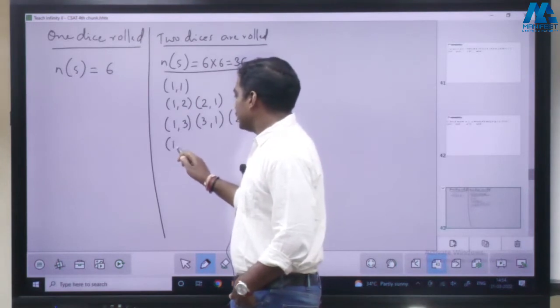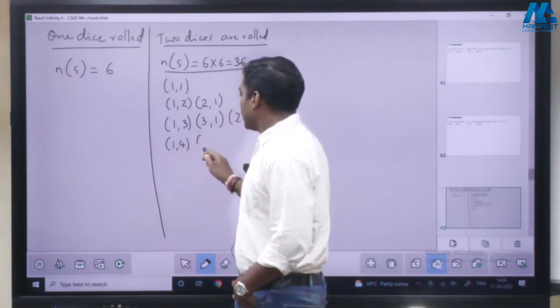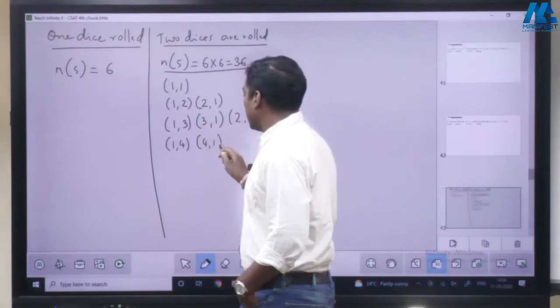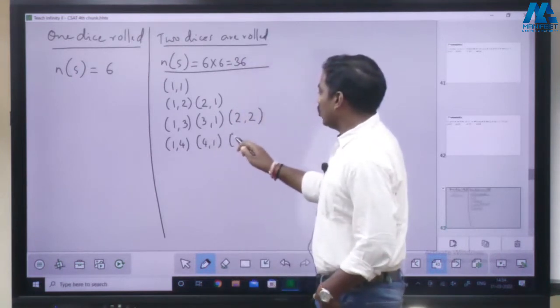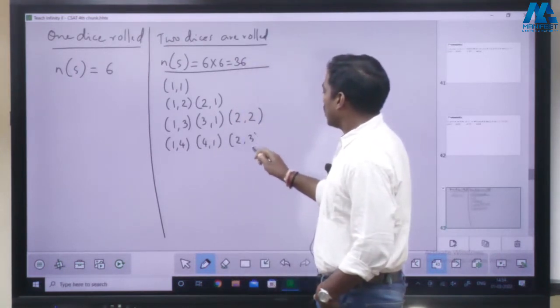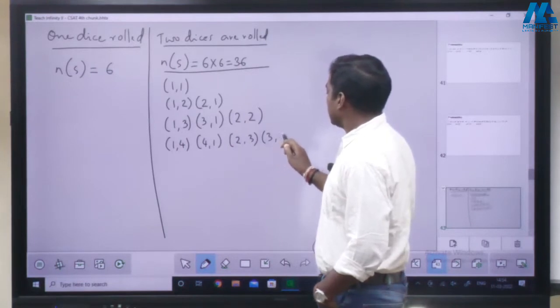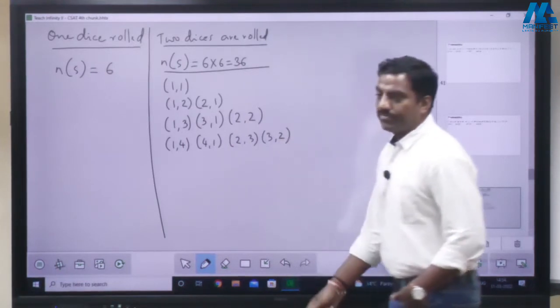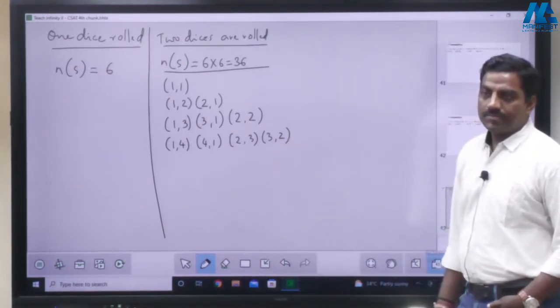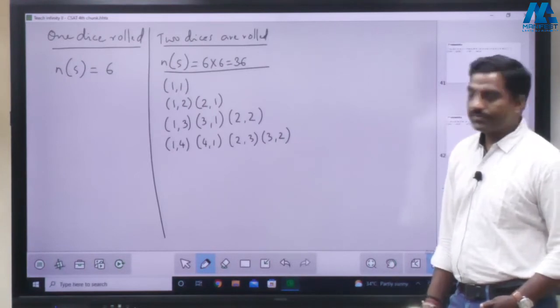Again start with 1. Interchange. 4 and 1. Now start with 2. Interchange. Yes.